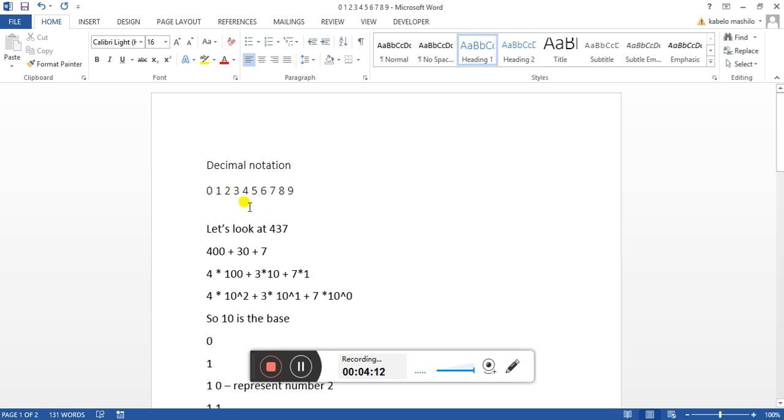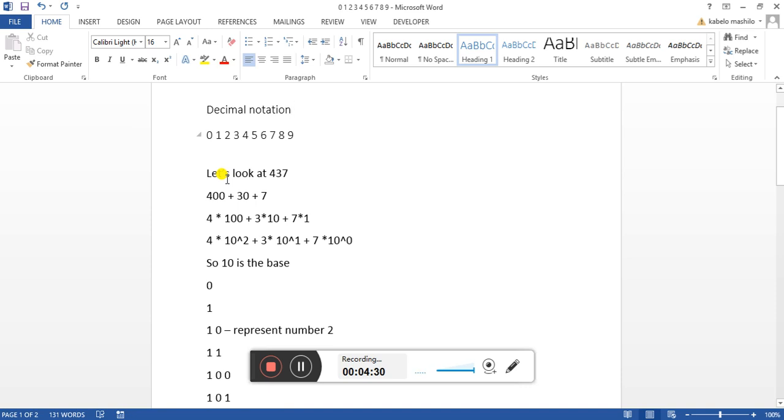If you count starting from 0, it's 0, 1, 2, 3, 4, 5, 6, 7, 8, 9, which has a base 10.